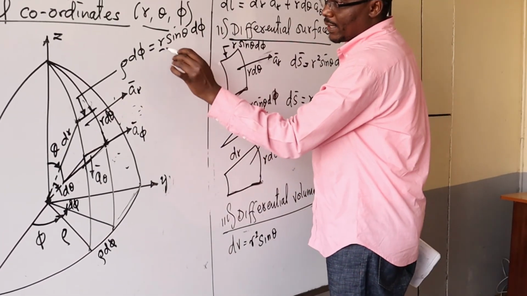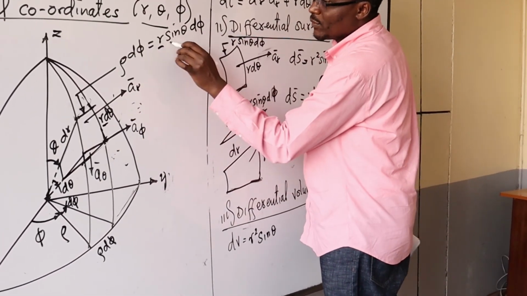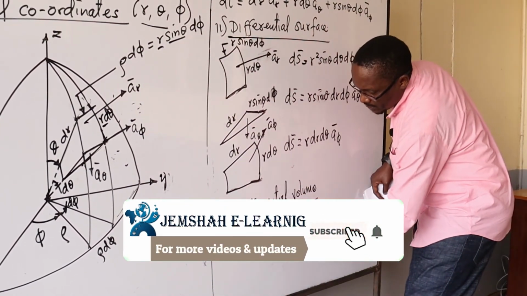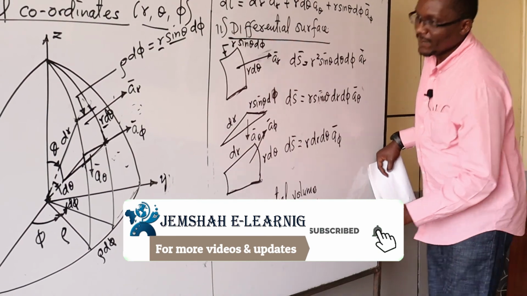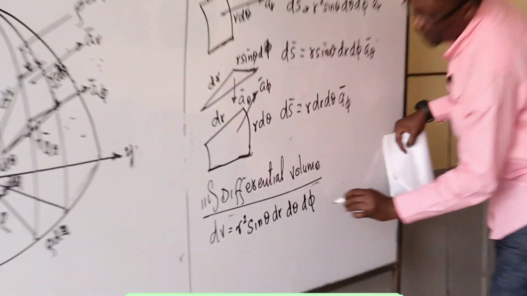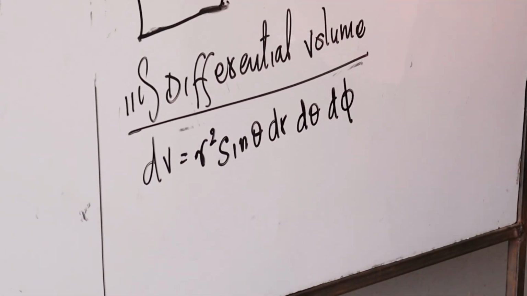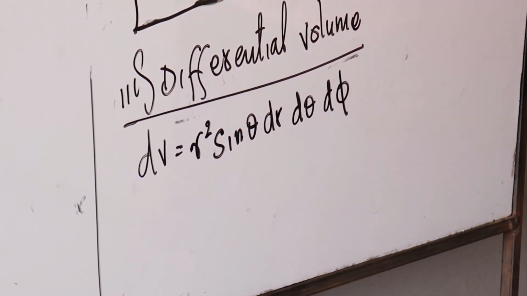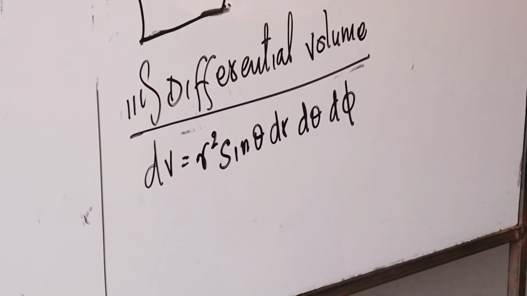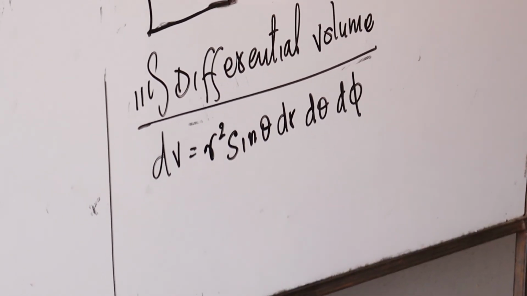So I've multiplied that, I've multiplied that, I've multiplied the sine. Then I need to also multiply dr. Then I have d theta, and I have d phi. This one has no direction. So that is how we represent our differential volume.